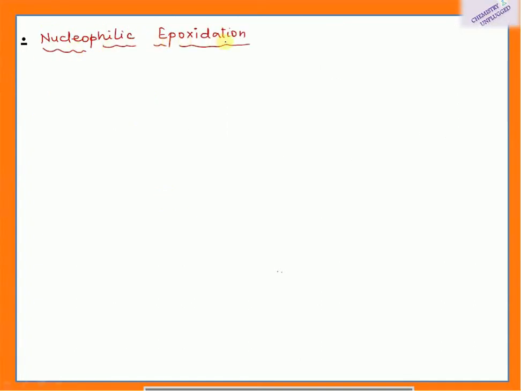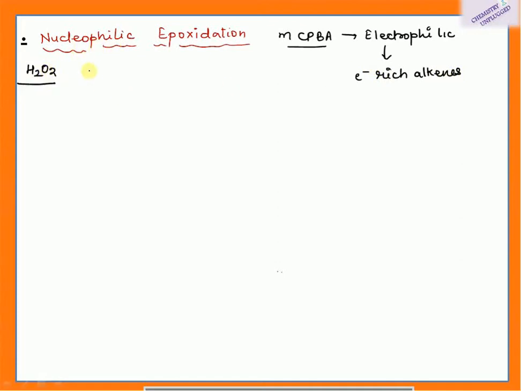So we have seen epoxidation with the help of MCPBA, and MCPBA is electrophilic in nature. So it attacks electron rich alkenes, right? But if we are using H2O2, it will act as a nucleophile, right? It will also cause epoxidation, but it will act as a nucleophile and its nucleophilic character is better than OH minus.